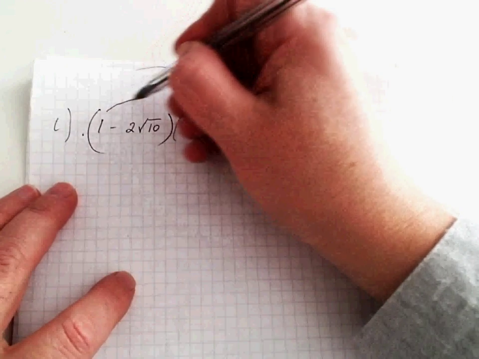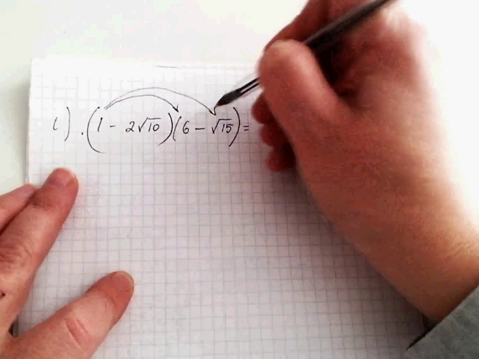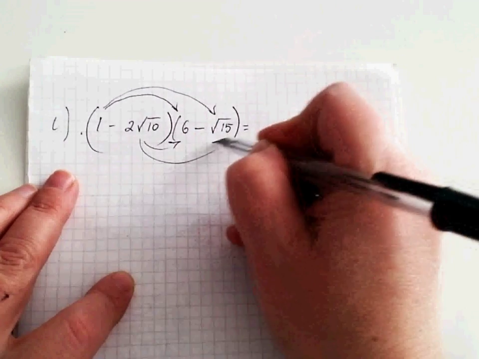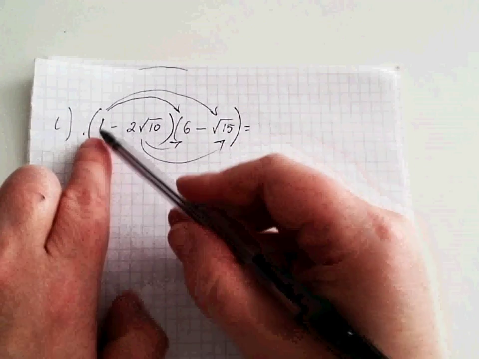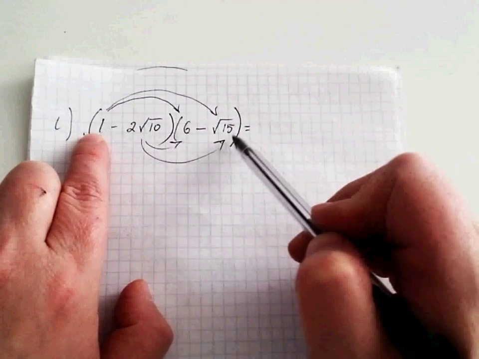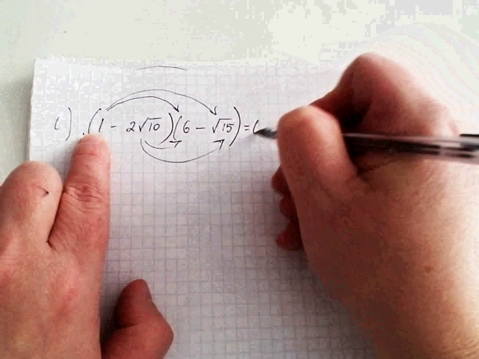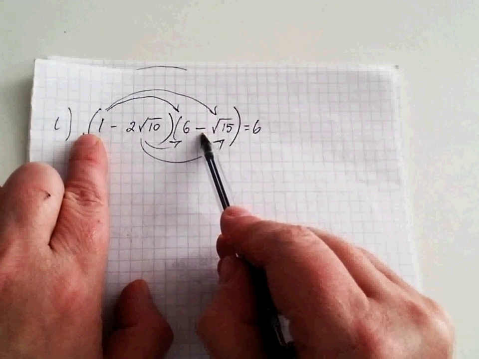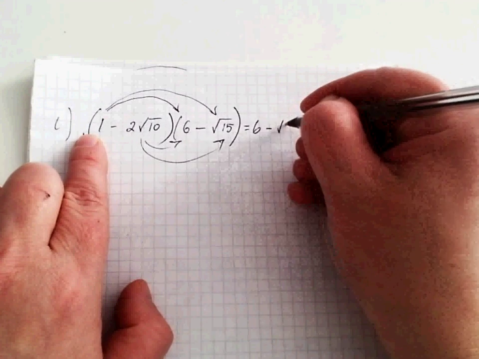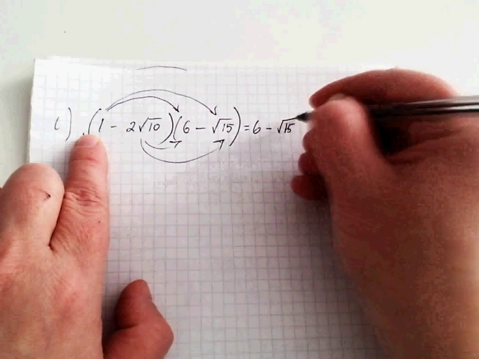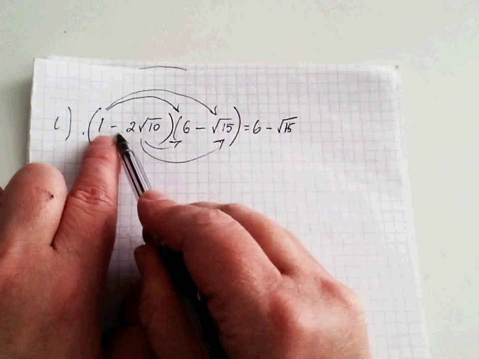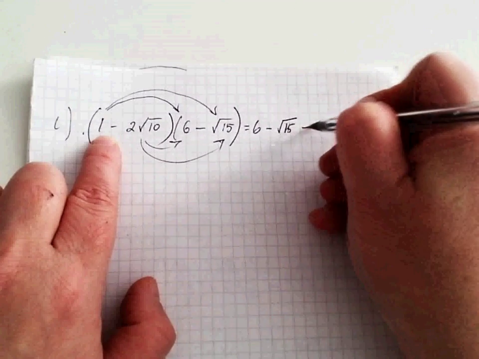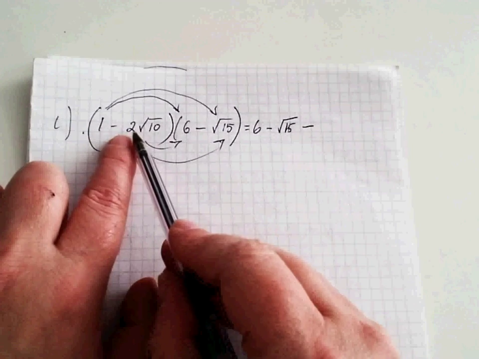Okay, hopefully you will see what we'll do here. Multiplying each number by each number in the second bracket: 1 times 6 is 6. 1 times negative root of 15 is negative square root of 15. Multiplying a negative by a positive, the result is negative.